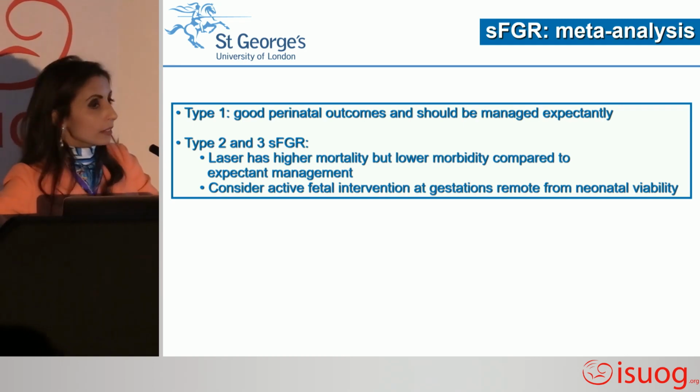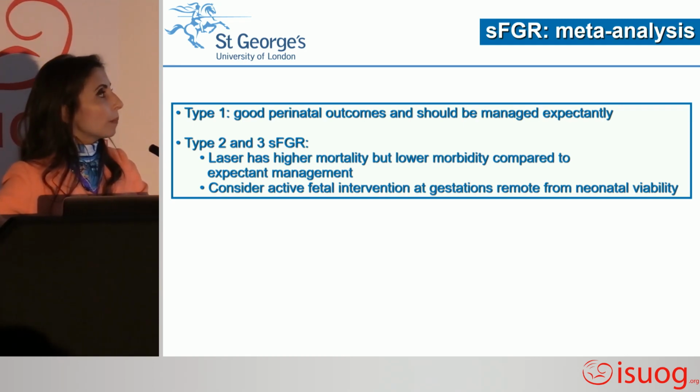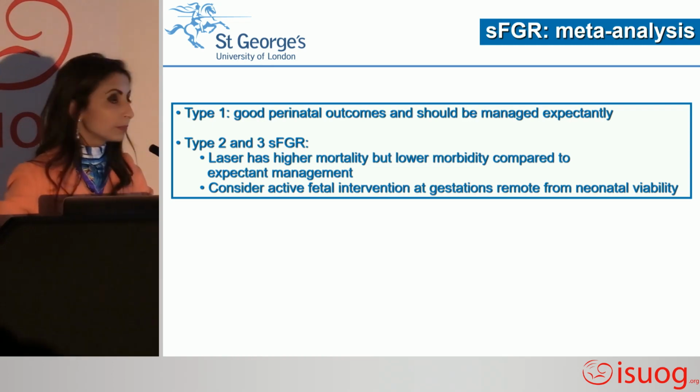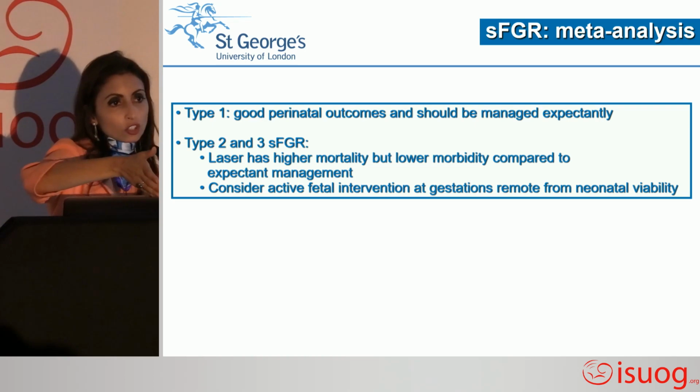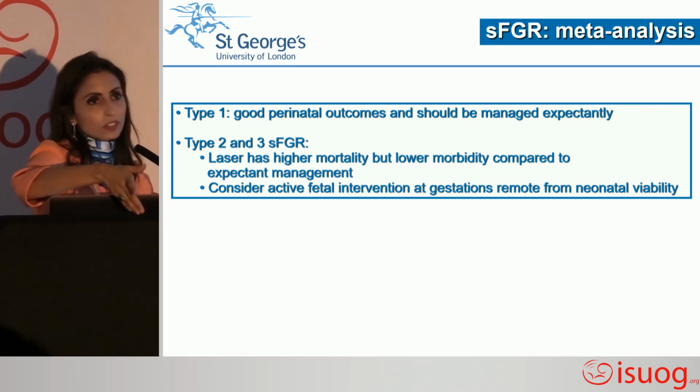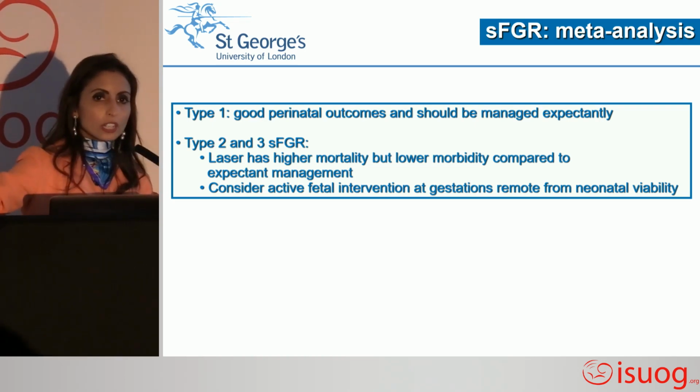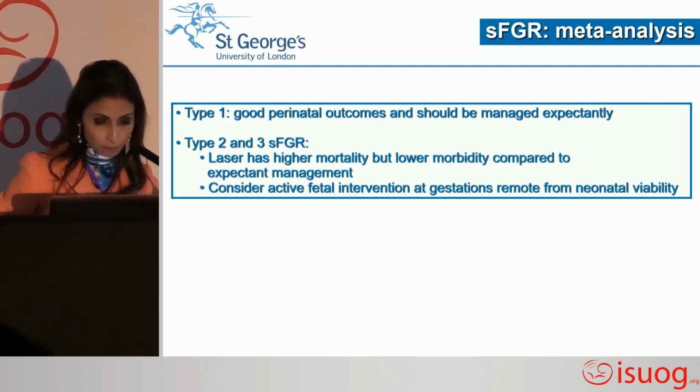In type 2 and type 3, laser tends to have higher mortality, but perhaps lower morbidity. Therefore, if the pregnancy is at a very early gestational age, maybe you would consider active fetal intervention, but at a later gestational age, perhaps you don't really need to consider it.